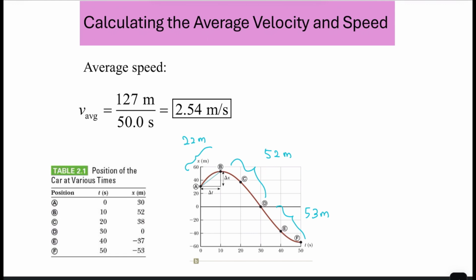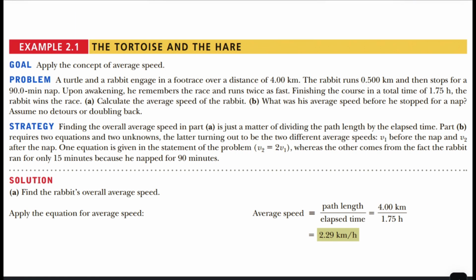You may take a look at this value as well, on how I get this information. And from point D to point F, the car has traveled 53 meters. When you add up all these three, you get 127 meters of total distance traveled, over the time taken of 50 seconds. So this is 2.54 meters per second as the average speed of the car, starting from point A until point F.